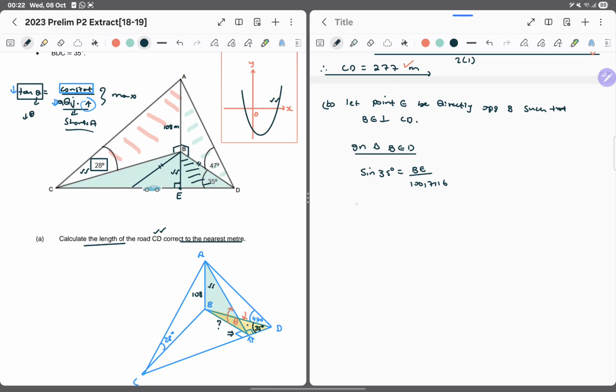Right, so what are we looking for? We're looking for BE. Okay, let's get BE, because that's the distance that will give us the greatest angle of elevation from the car to the top. So we've got essentially 100.7116 times the sine of 35. This gives us 57.